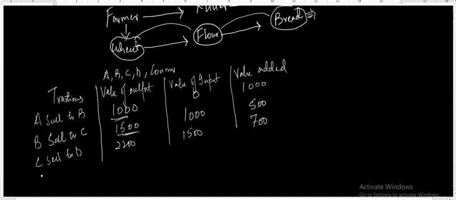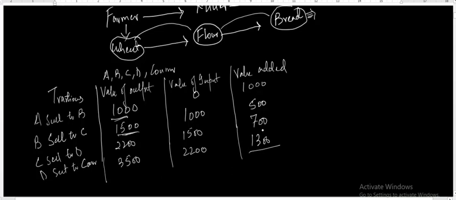And then say D sells to the consumer. He adds some margin and sells it for 3500 to the consumer. However, his intermediate good was 2200, therefore he is making a profit of 1300. So the total value added is going to be equal to 3500.